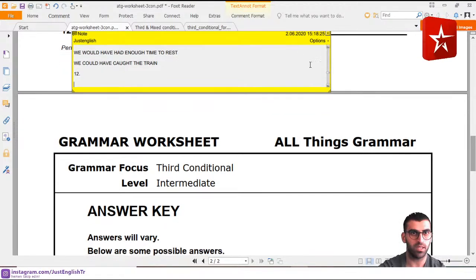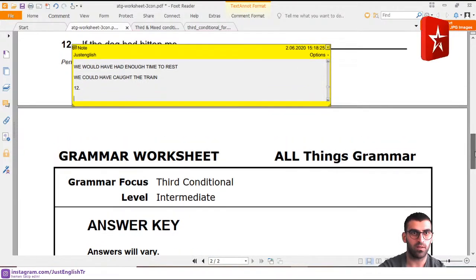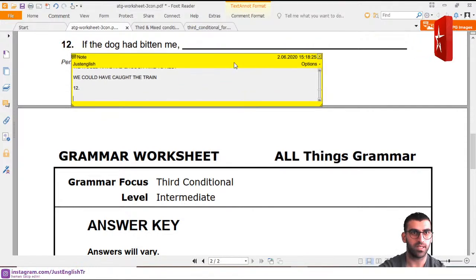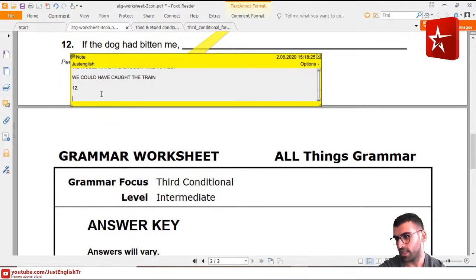The last one is 12, and I try to show you. 12 is if the dog had bitten me. Wow. If we wouldn't have missed the first part of the movie. Yes, Baran Gökçekli, your answer is correct.